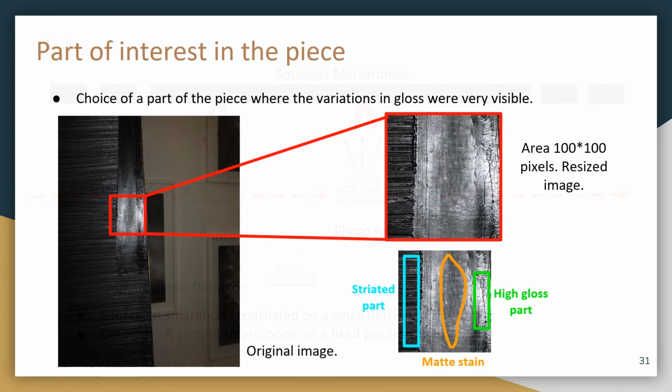So now we will study a part of interest in the piece. Here you can see on the picture that we have three main parts: a striated part, a matte stain, and a gloss part.